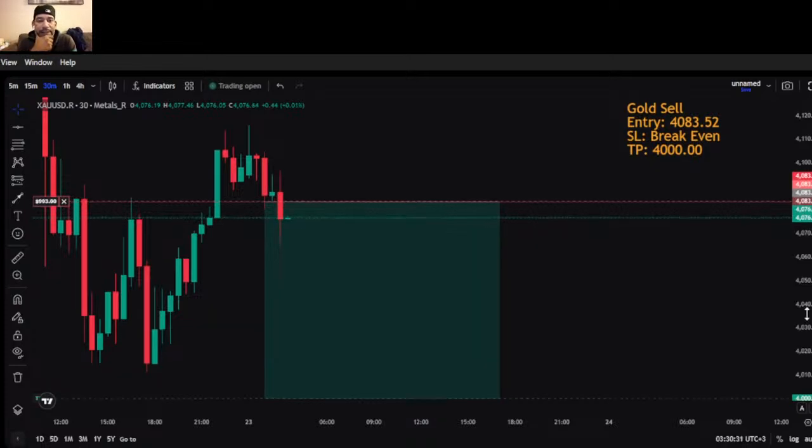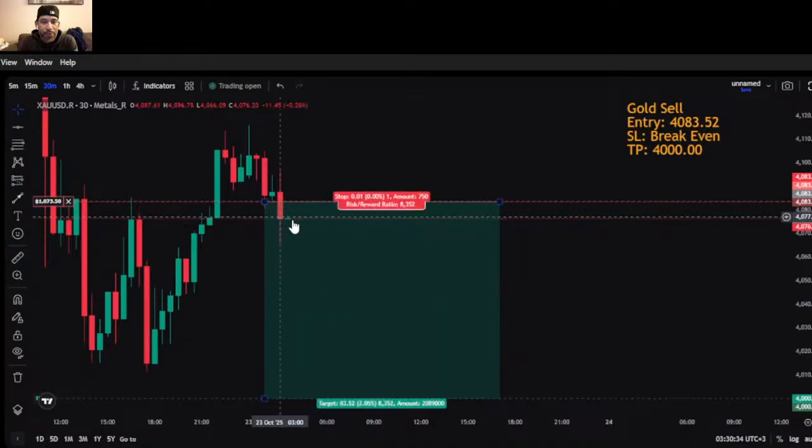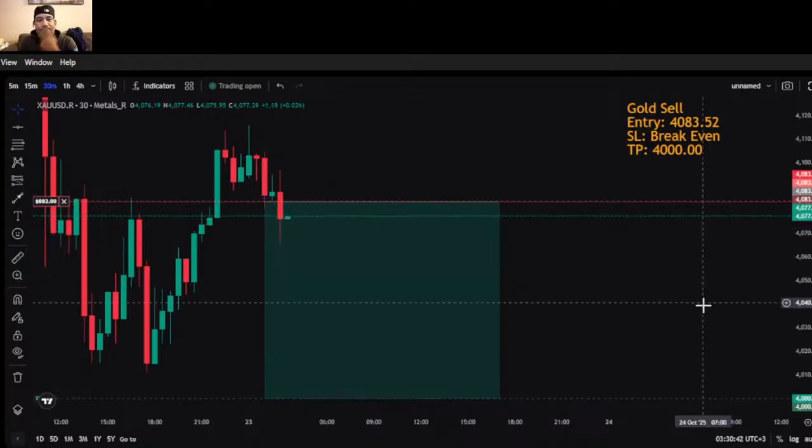Let's see what happens. I would like to see a steeper wick though. There you go, something a little steeper. Then you can flip, make your bottom wick and drive down.